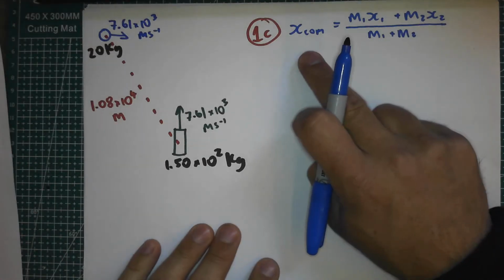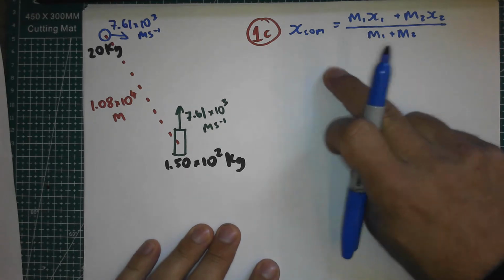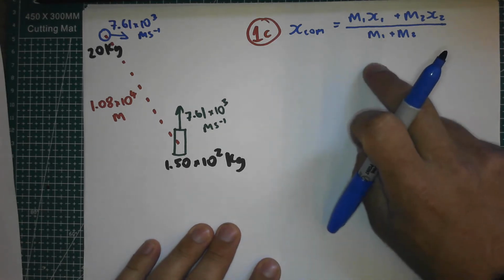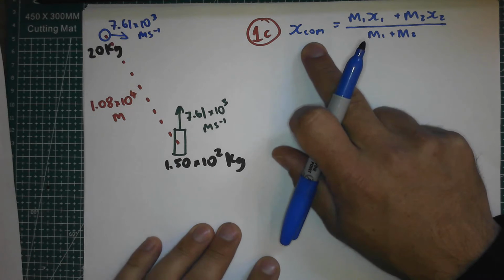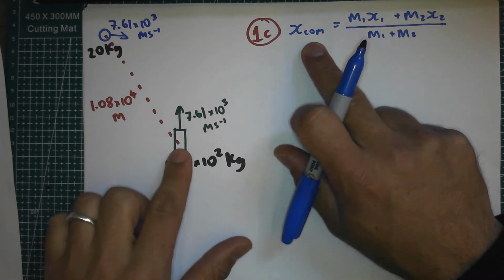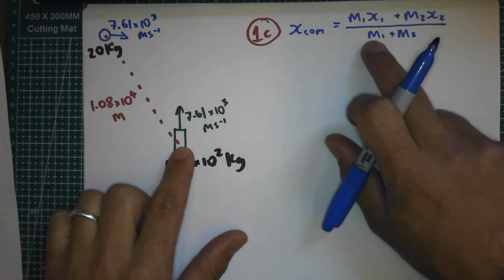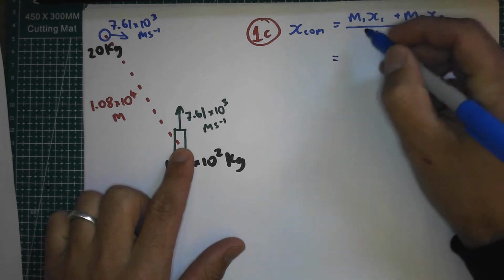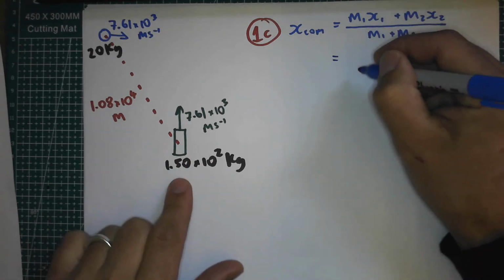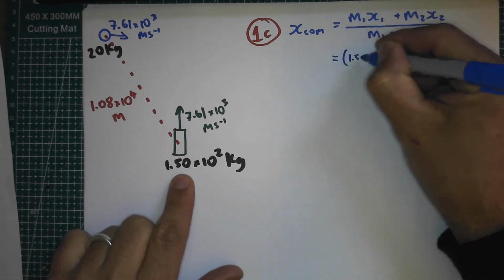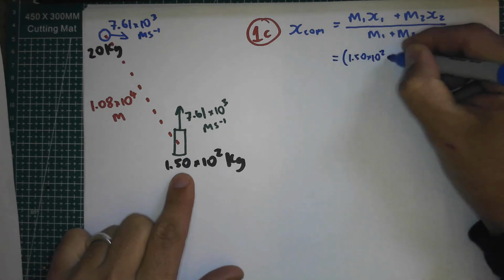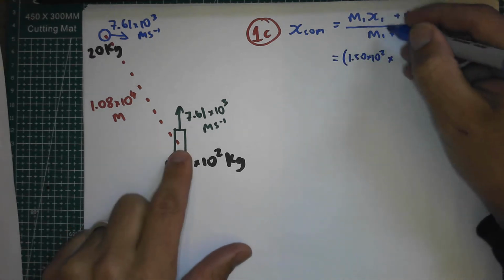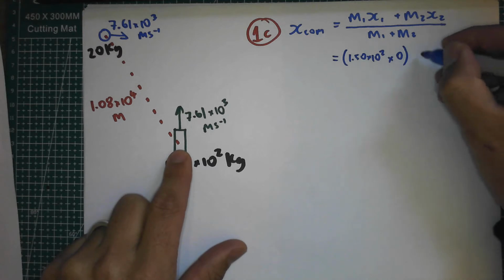So for the first question we're going to work out the position of the centre of mass using this equation, and because the question states that we want the distance from the satellite, I'm going to use the position of the satellite, where I take all of my displacements from. So M1, that's going to be the satellite, so I'm going to use the mass of the satellite here, and because I'm taking all my displacements from the position of the satellite, that's 0.